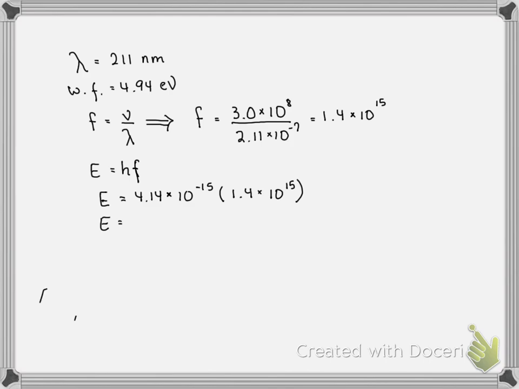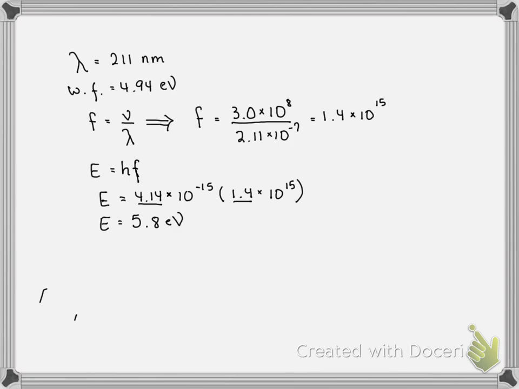We have 3 significant digits here, 2 here. So the energy needed is 5.8 electron volts.